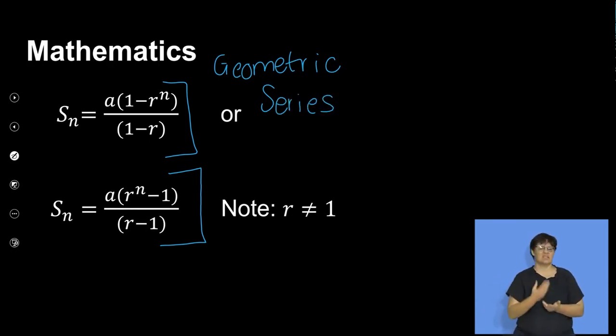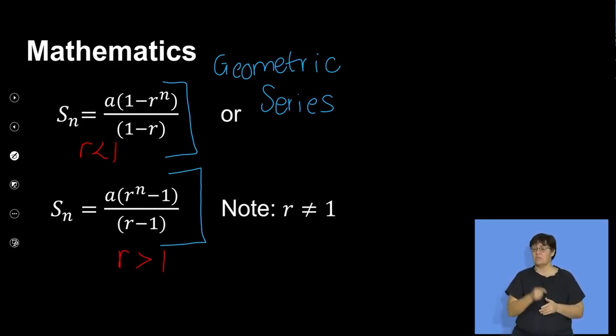But you might be asking, how do I know which one to use? It actually doesn't matter which one you use. However, there are preferred versions. When r is larger than 1, the second version of the formula is used quite a lot. And when r is less than 1, the first version of the formula is used. But if you like one version more than the other, that does not matter.